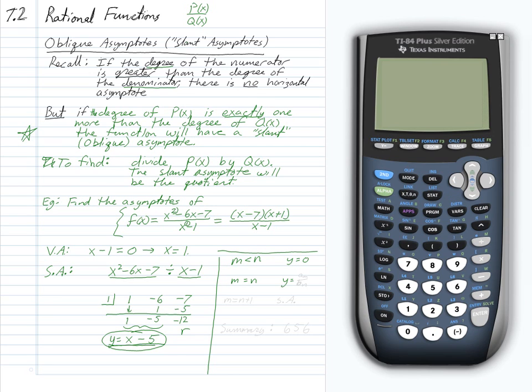So whatever the coefficients are, I think we called it a sub m over b sub n, the coefficients of the leading term. Now we have this additional special case. If m is exactly 1 more than n, then we have a slant asymptote, and we need to perform either long or synthetic division of polynomials to find its equation.